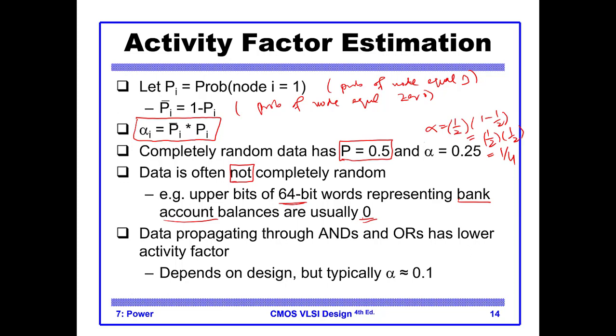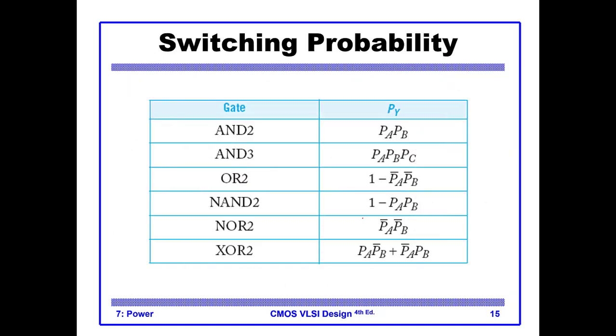It is an example that data is not often random, but some bits change frequently and some bits do not change frequently. Let's go to the typical switching probabilities of some of the gates.